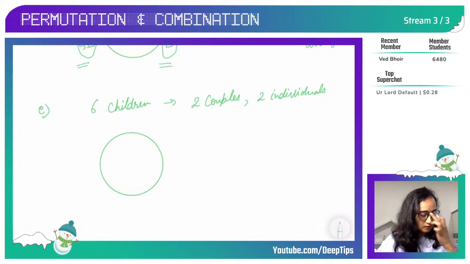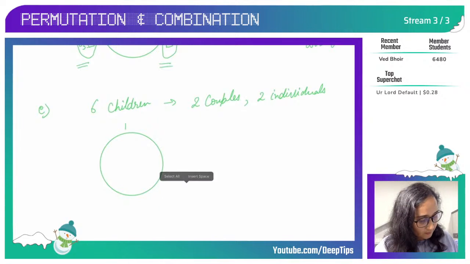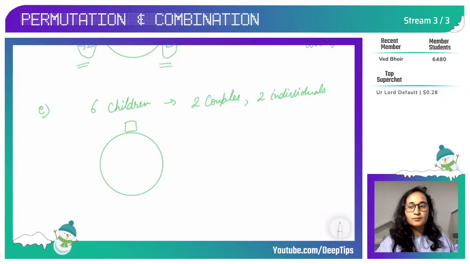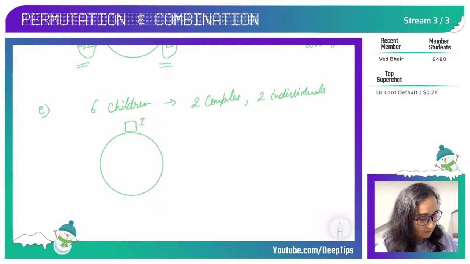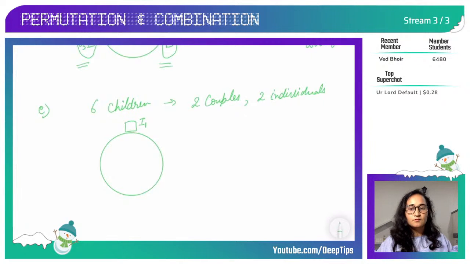Okay, so in this case, if I fix the place for first individual. So I have written here individual 1 or person 1, you can write P1 also. So then P2 doesn't want to sit here or here, correct? Because he doesn't want to sit adjacent to individual 1.